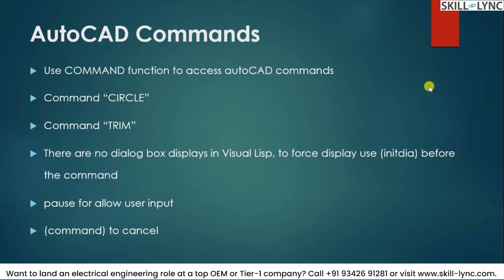So likewise, when we are invoking any AutoCAD command, if there's a dialog box involved within it, AutoLISP Visual Lisp does not display it, and hence in order to force the display of the dialog window, we have to use the initDia command. And during the execution of these commands, if any user input is required, then that can be called forward by using the string characters pause, which tells the interpreter that it has to wait for the user input.